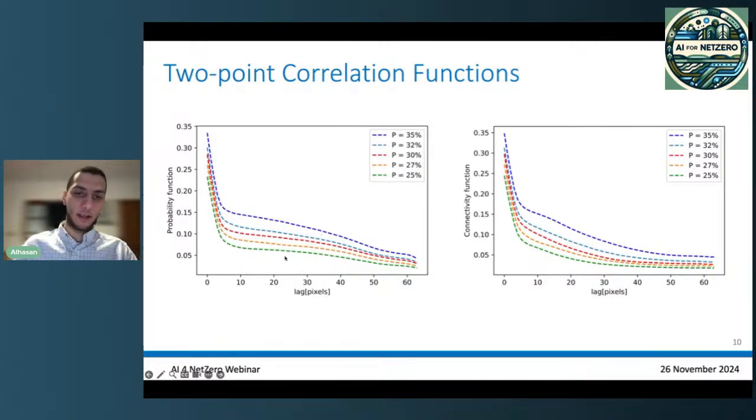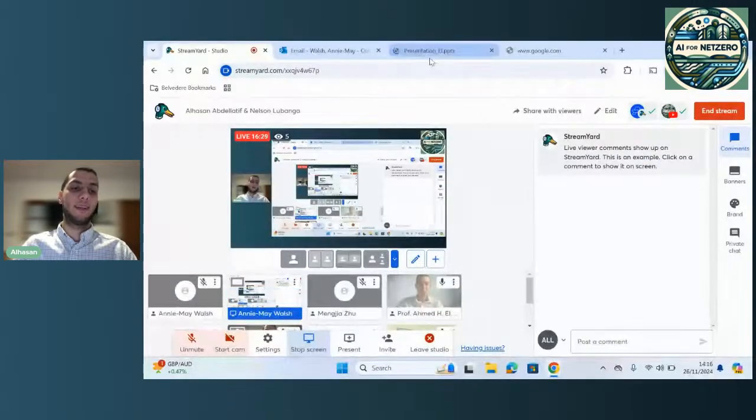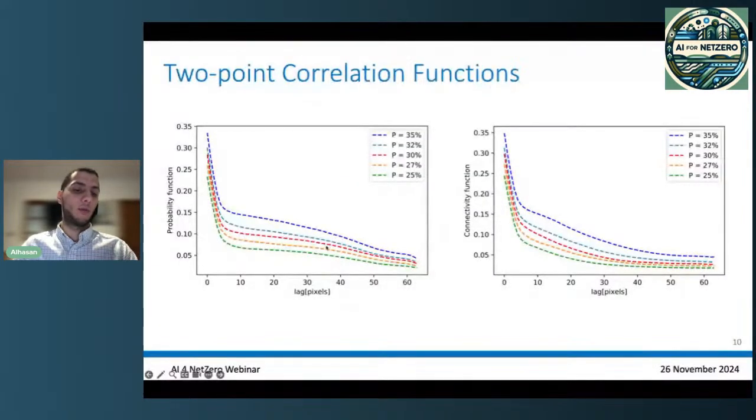And you can see here that when we increase the target proportion from 25% to 35%, this probability increases, which makes sense because it's more probable to find 2 points in space that belong to the channel phase when we have larger proportions.